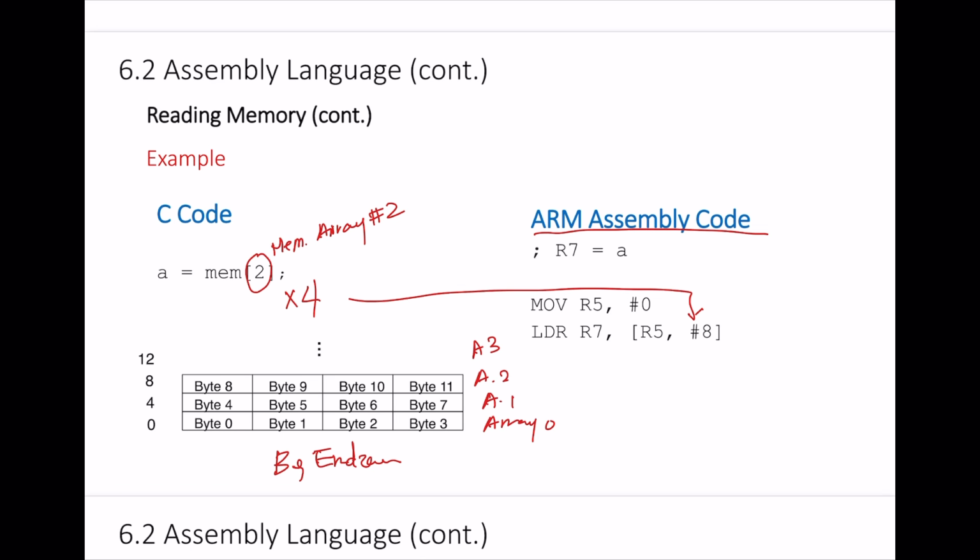Therefore, the address always goes up by 4: 0, 4, 8, 12, 16, and so on. R5 is 0, and 0 plus 8 is array number 2. When we bring this content to a register, we need to bring it as a whole block. We're going to talk about this block in chapter 8. But when we bring something from memory to register, we need to bring it as a block.